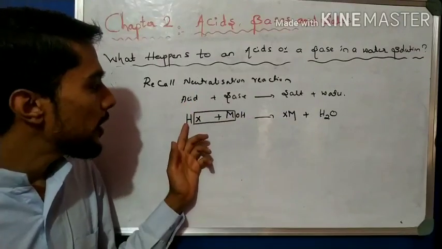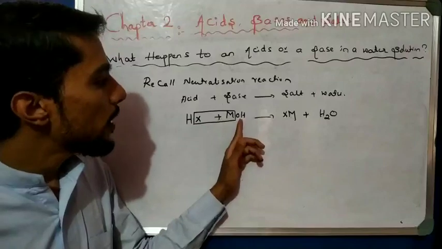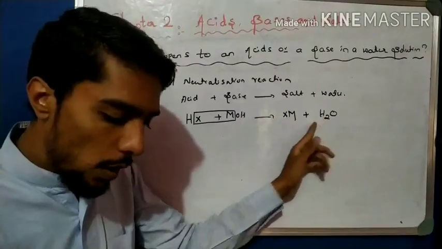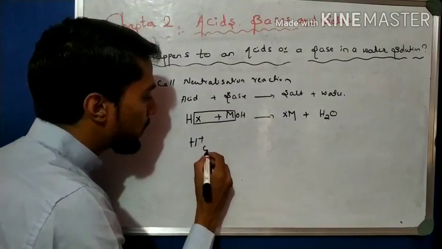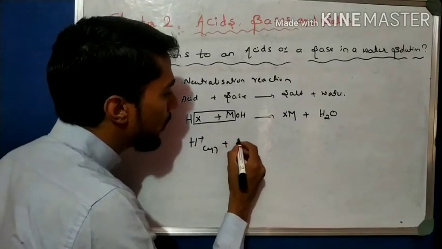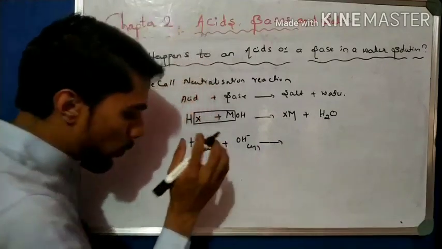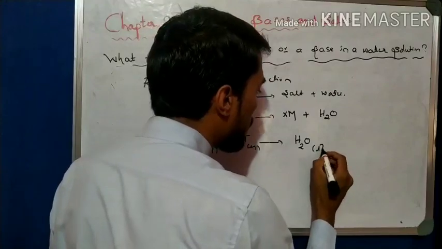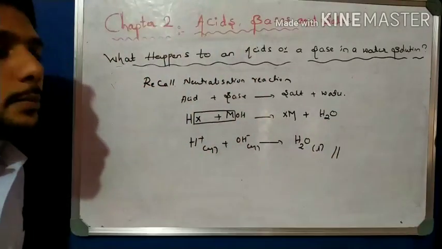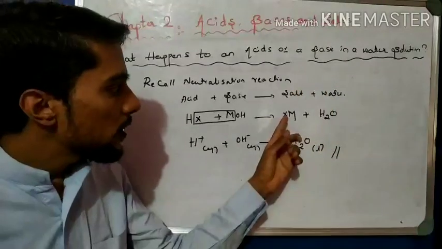The acid gives H plus ions and the base gives OH minus ions; H plus and OH minus combine together to form water molecules. That is what I write here: H plus aqueous ion plus OH minus aqueous ion together form the H2O water molecule. This is the actual mechanism behind the neutralization reaction, how the water molecule is formed. How is the salt formed?